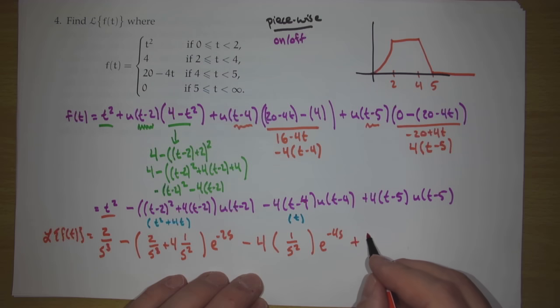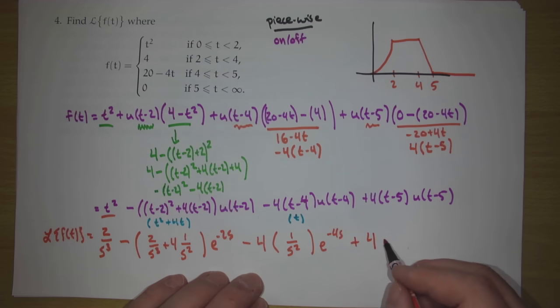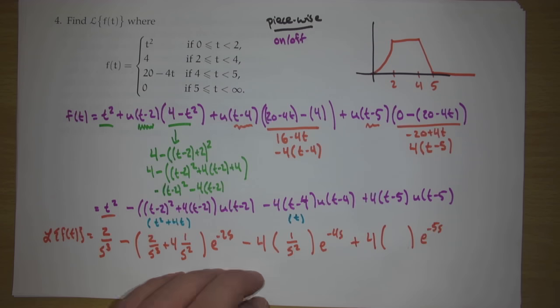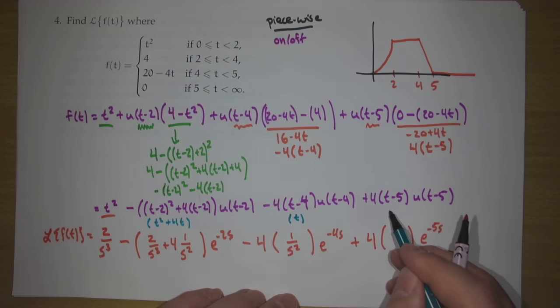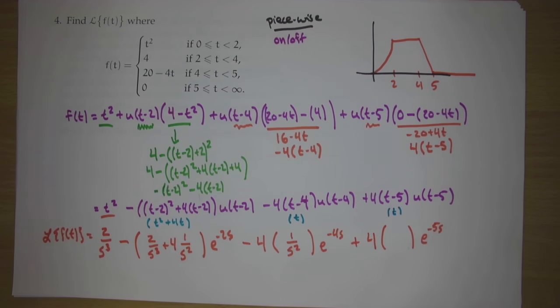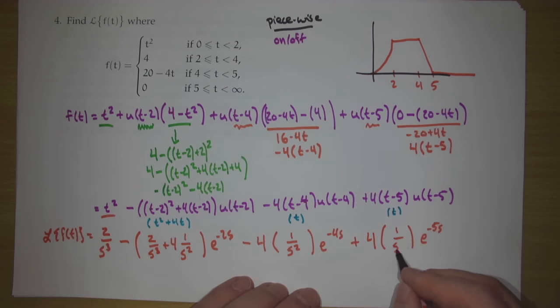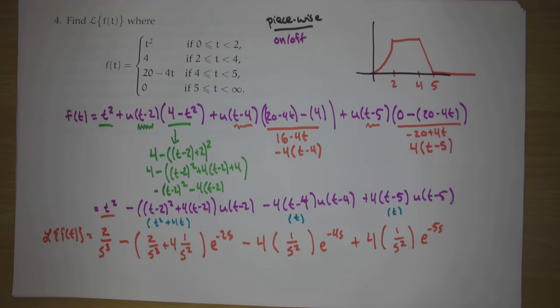And the last part, 4, u of t minus 5, e to the minus 5s. And then we say, okay, think of this t minus 5, replace t minus 5 by t. And so it becomes just the function t. You say, well, we know how to handle t. We've done it a couple times. It's 1 over s squared. And now we're done.